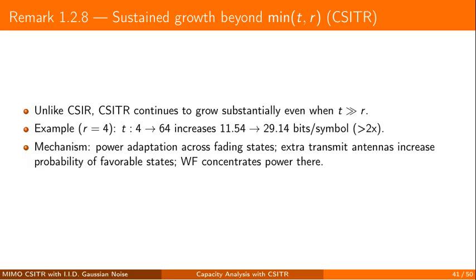The mechanism is power adaptation across fading states. Each additional transmit antenna increases the probability of encountering a favorable channel realization, and water filling concentrates power precisely on those favorable states. CSIR cannot do this. With no channel knowledge at the transmitter, power is spread equally, good states and bad alike.